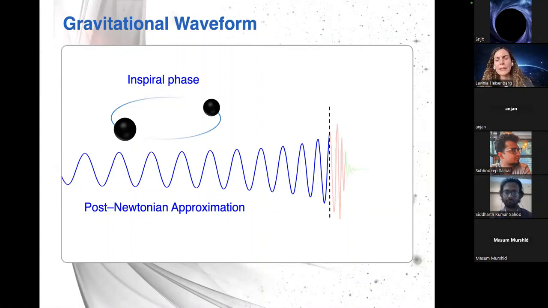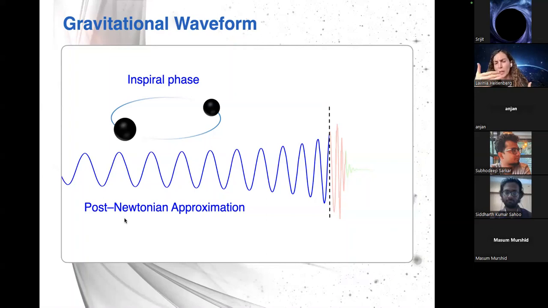Because of that, what one typically does is look at the different parts of this merger event and use different theoretical approaches to calculate the waveform. For example, at the initial phase, when the two objects are sufficiently far away from each other in this inspiral phase, one uses the post-Newtonian approximation.